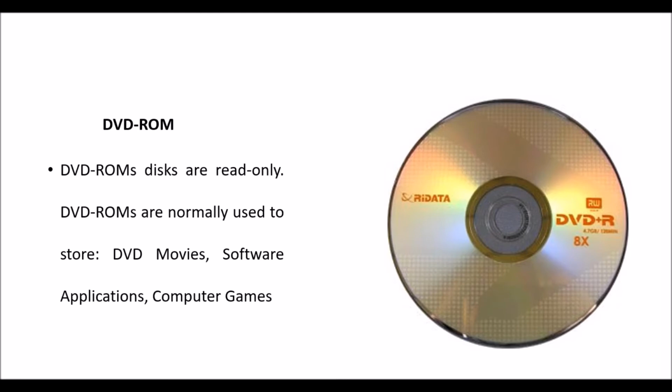For CD, you can store up to 700 megabytes, but a DVD can give you up to 4.7 gigabytes. Even though we do have some double layer DVDs, if you have a double layer DVD, then you can have like 4.7 times 2, that would be 9.4, right?